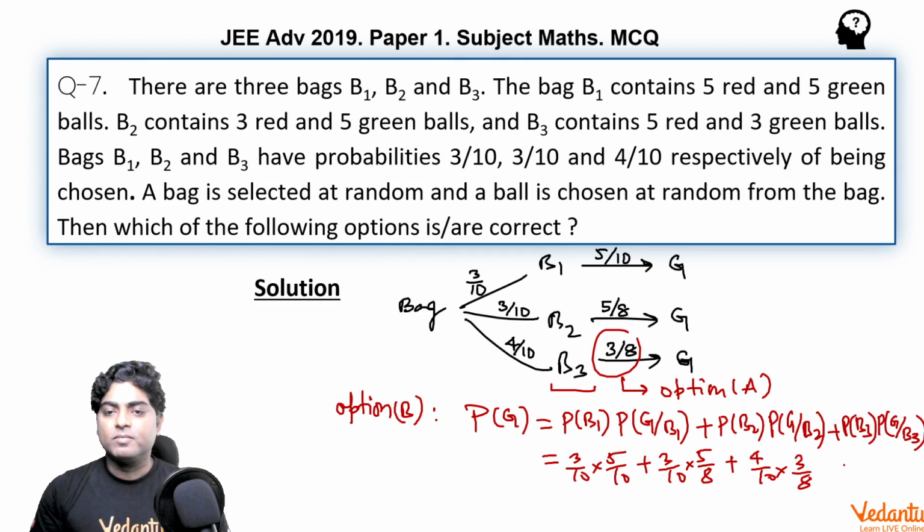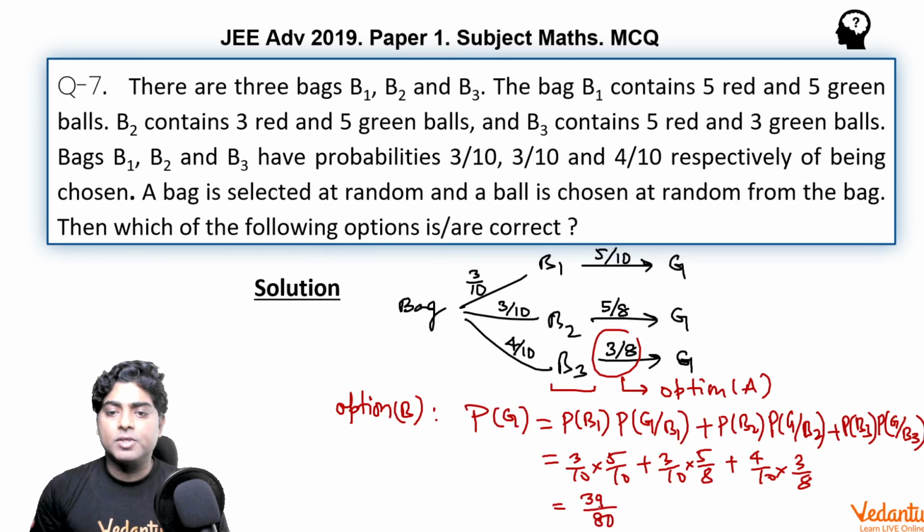You will see that when you calculate it, finally you will get 120 plus 270, that is 390 upon 800, that is 39 upon 80.